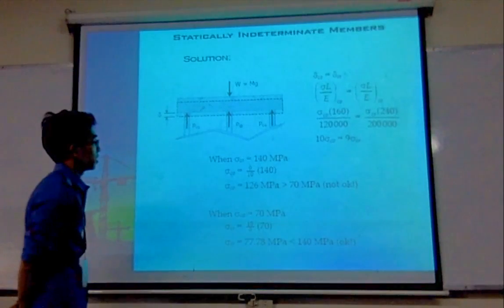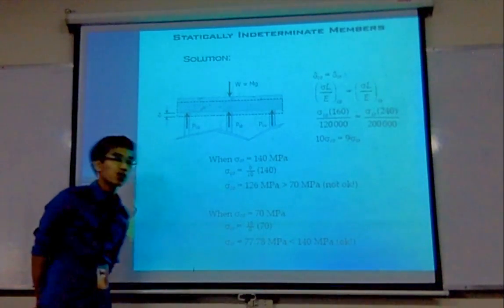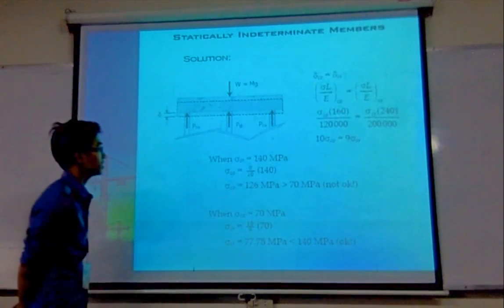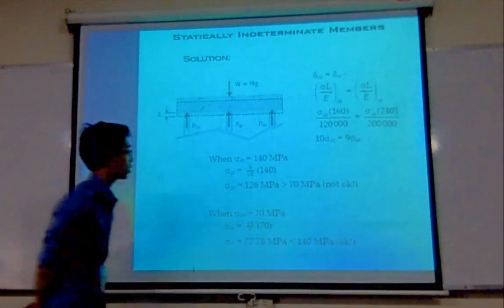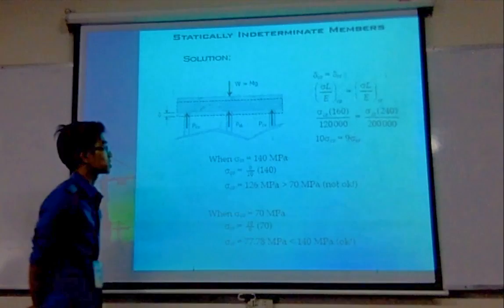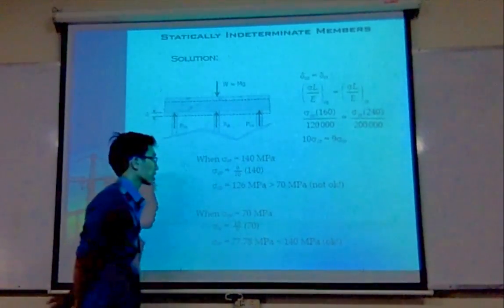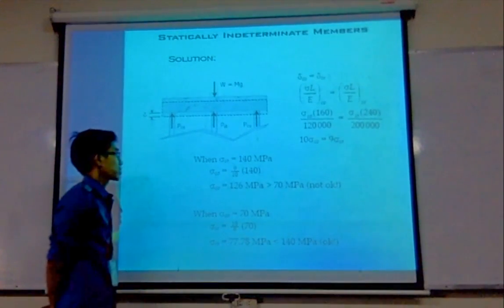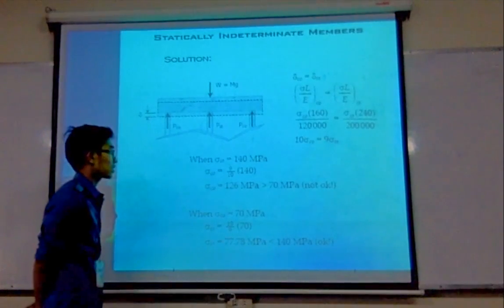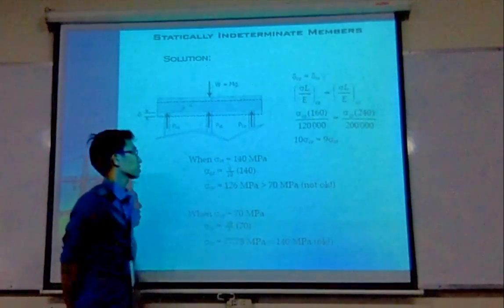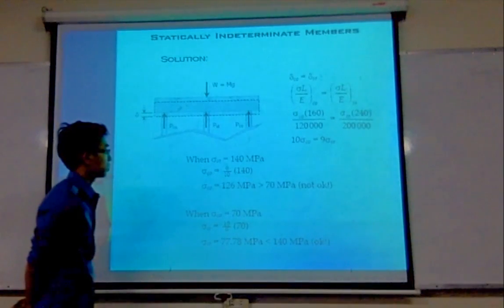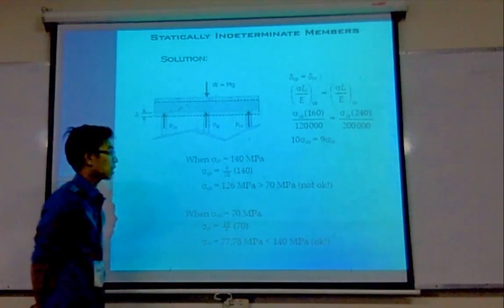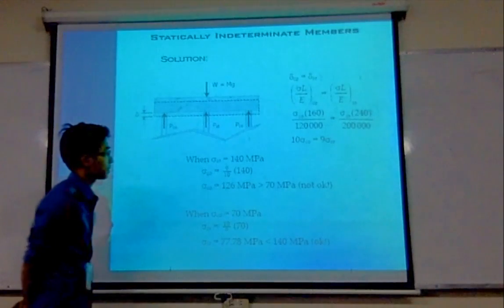In the question, we have an allowable stress in the steel of 140 megapascal, so we will use it as our reference in this equation. The stress of copper is equal to 9 over 10 times the allowable stress of the steel, which is 140. By computing, we get 126 megapascal.